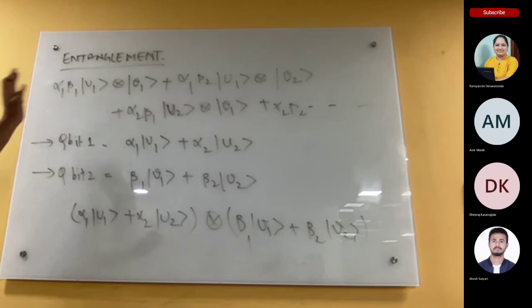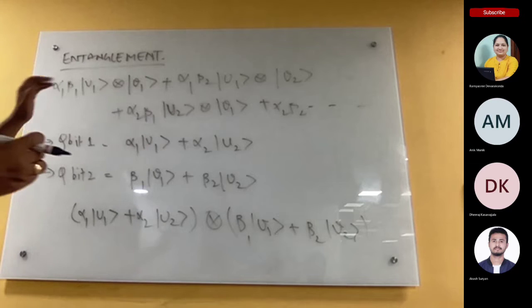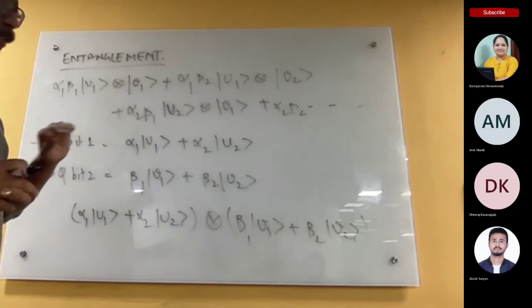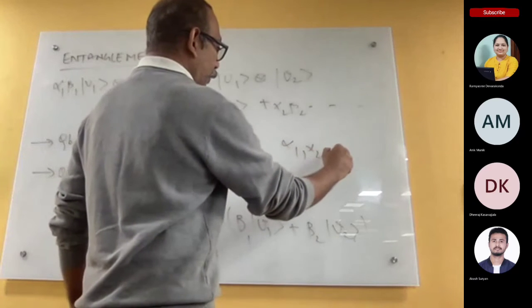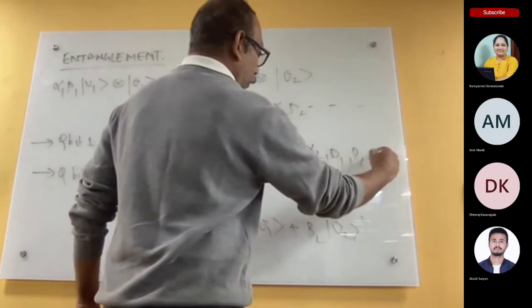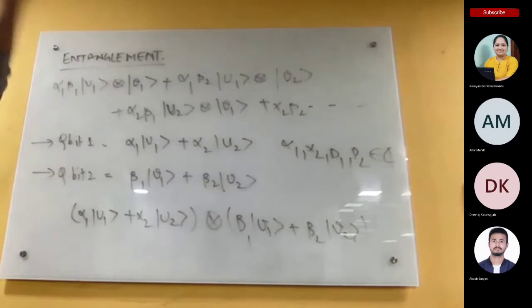Two particles, each qubit with U1, U2 and V1, V2, with alpha 1, alpha 2, beta 1, beta 2 being the amplitudes of those states, where alpha 1, alpha 2, beta 1, beta 2 are complex numbers.